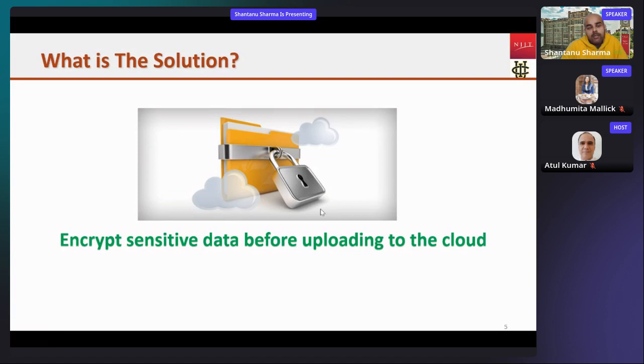I will go over this part in the tutorial in detail: how they can see what is happening over the data, and what techniques have been developed for executing computation over the data at the cloud side while the data is encrypted or protected using some type of cryptographic technique.